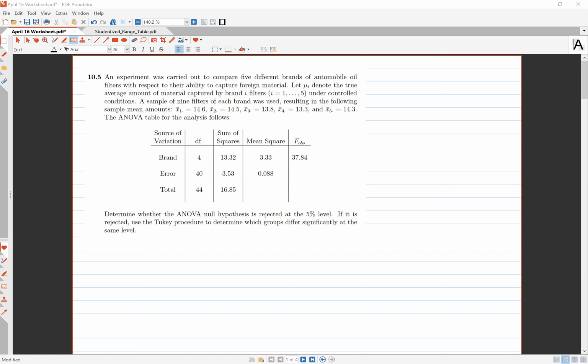So today's examples are going to lean into implementing the Tukey method. It does come with the following caveat. It is a different method than the F-test, so you can sometimes get inconsistencies.